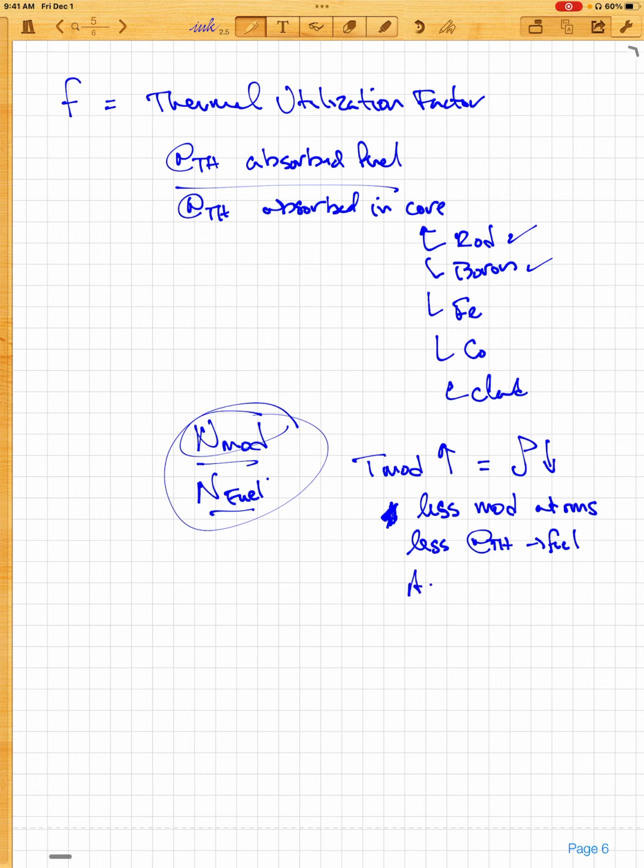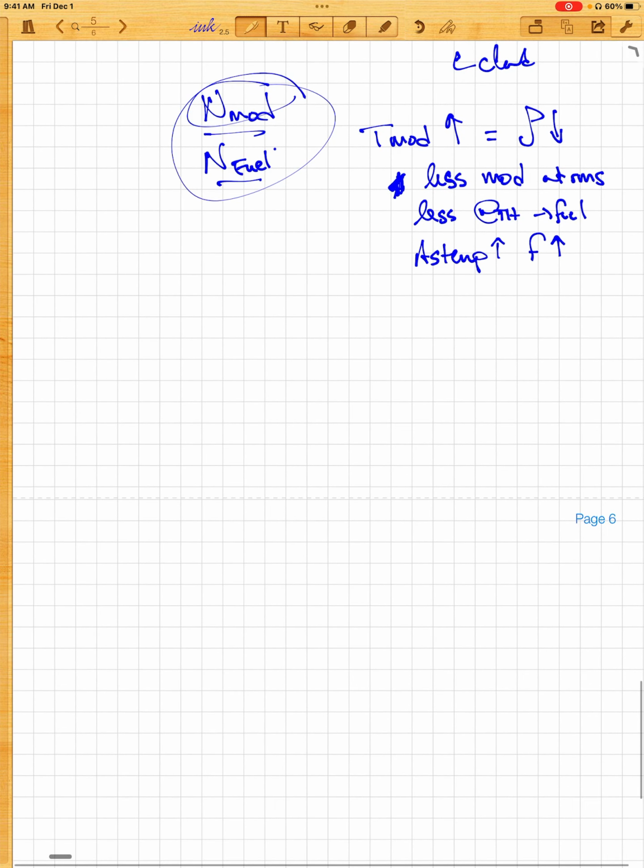So as temperature rises, F follows. And since F is the first letter in the word follow, you know that F and P are opposites. And F follows temperature, so that you know that the resonance escape probability will go down as temperature rises. So if we go here and we graph, and this was a 1.0, right?